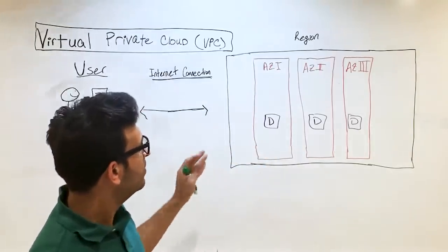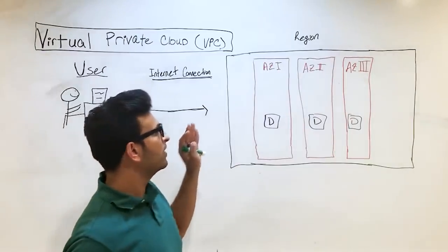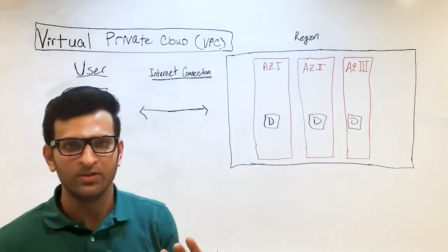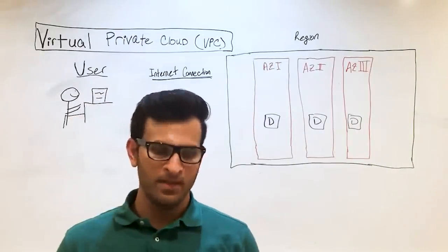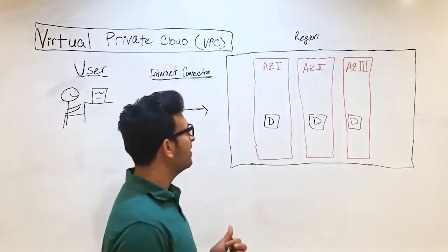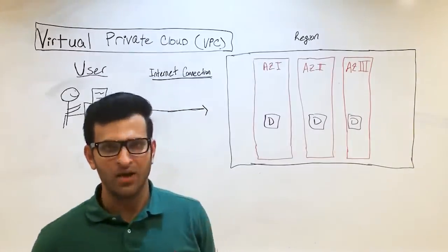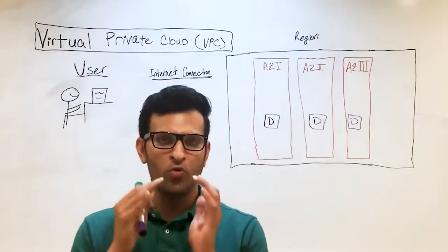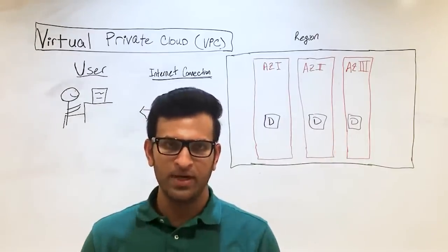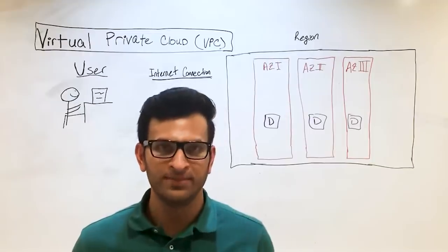So in order to get closer to accessing this file, you need something called a VPC, right? So a VPC, remember, a VPC is a piece of the cloud. It is your own chunk of the entire AWS cloud, right? So think of it like Facebook, right?